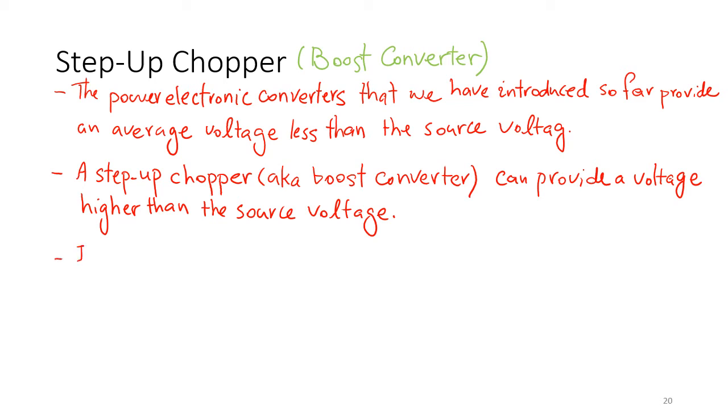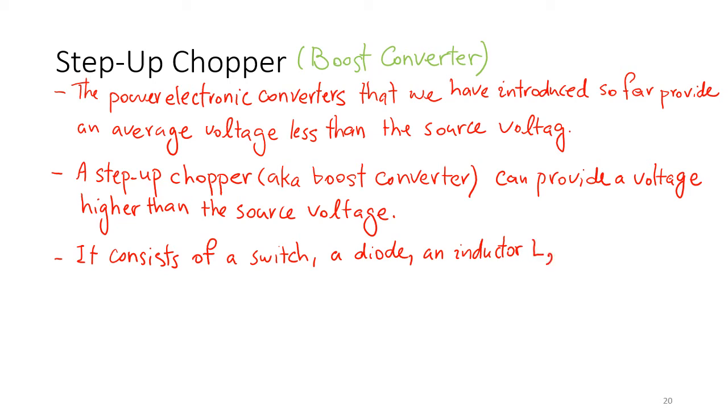And it consists of a switch, a diode, an inductor L, and an output capacitor C. So in this case, the converter is not only some switches, it also consists of a capacitor and inductor in addition.